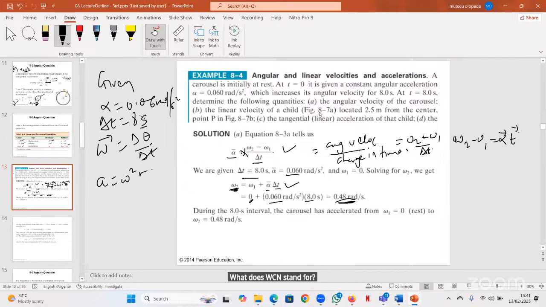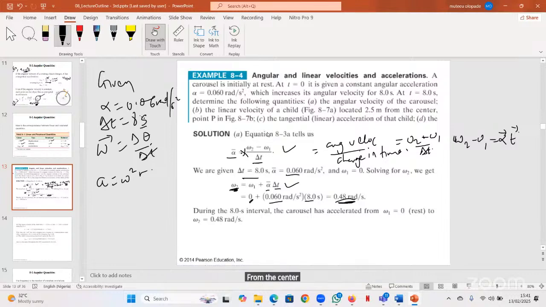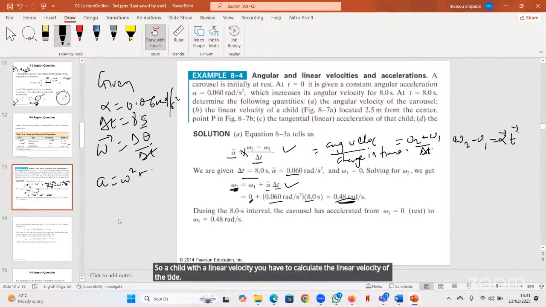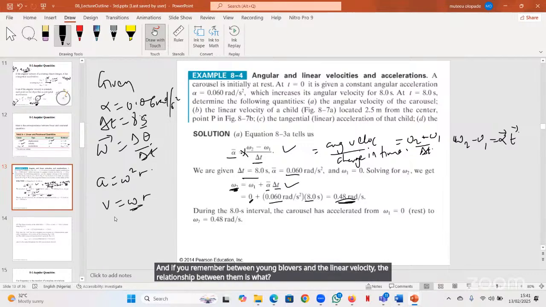So the next problem is that we have to find the linear velocity of a child located 2.5 meters from the center point of the carousel. You have to calculate the linear velocity of the child. And if you remember, the relationship between the angular velocity and the linear velocity is this.